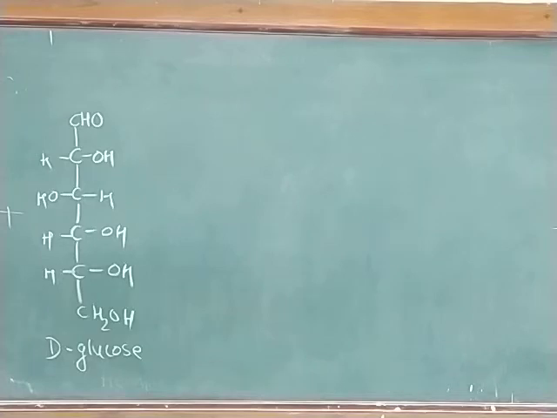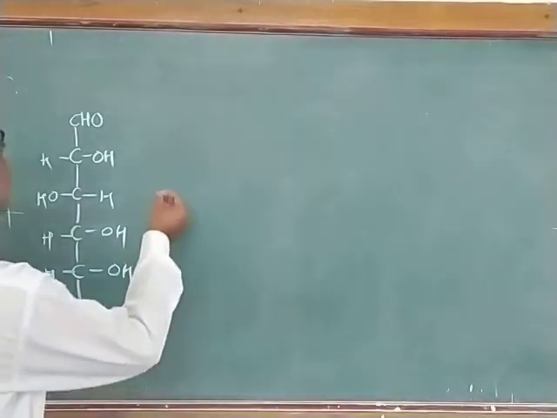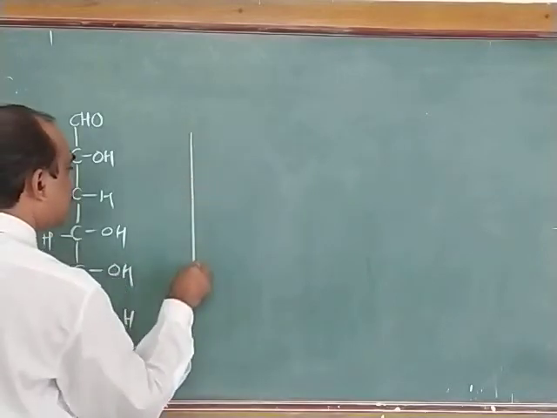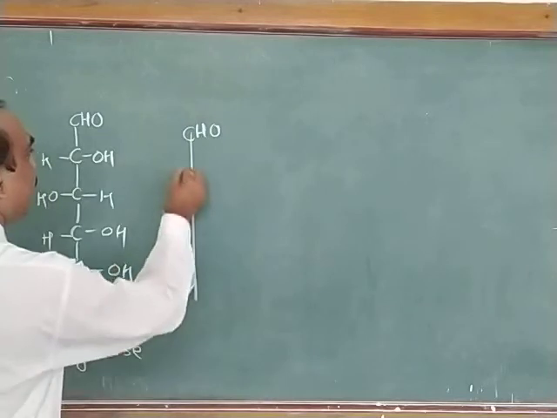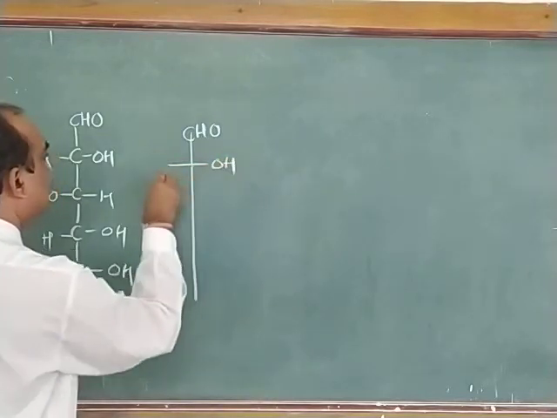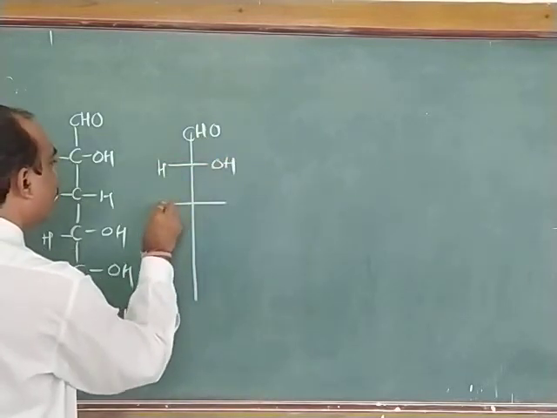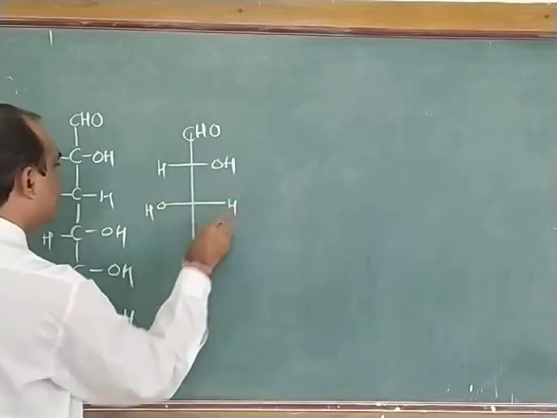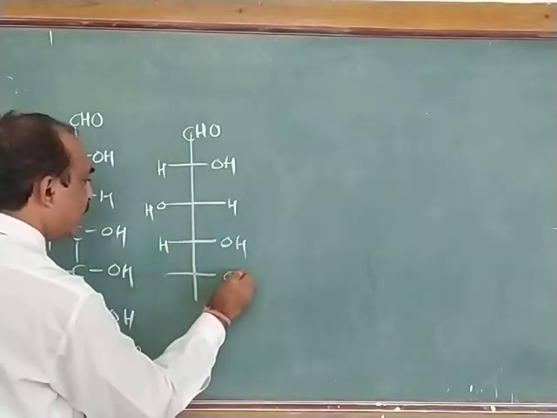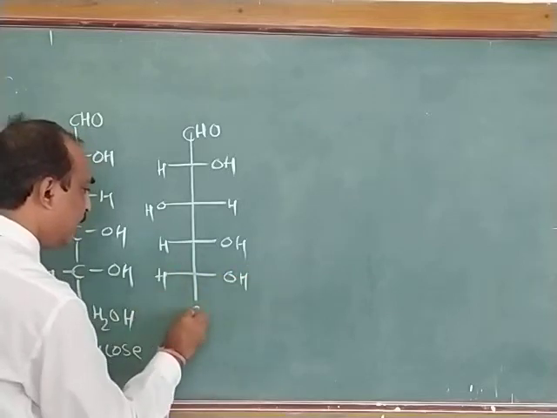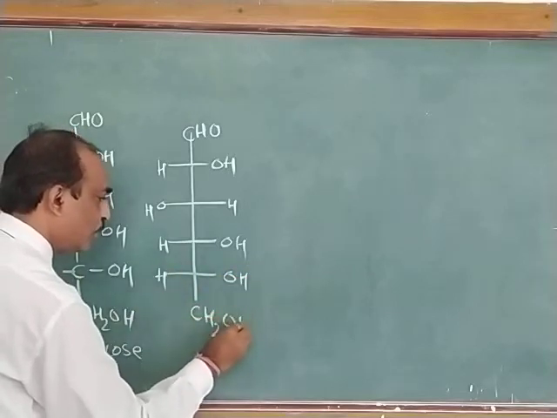If you write it as a Haworth formula, how can we write it from the Fischer projection formula? Here is just a linear line, here is the CHO, here OH, here is H, OH, H, OH here, H, OH here, and here CH2OH.